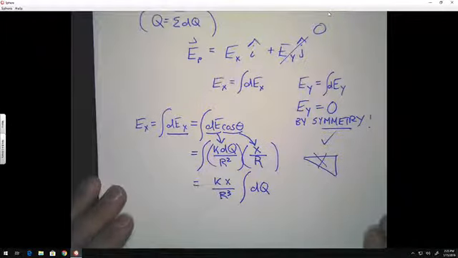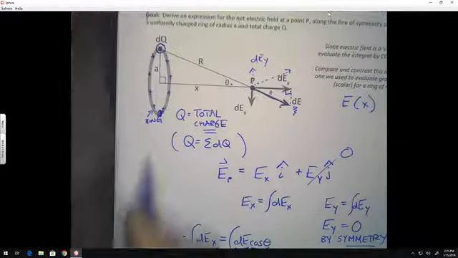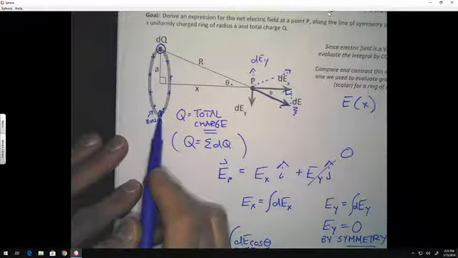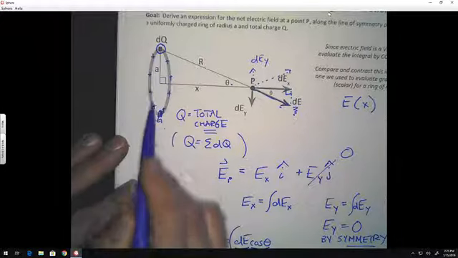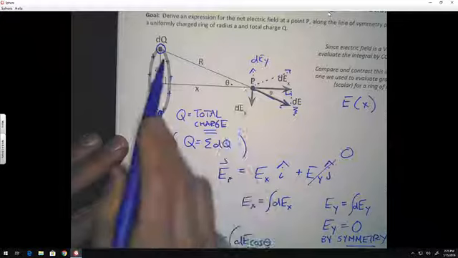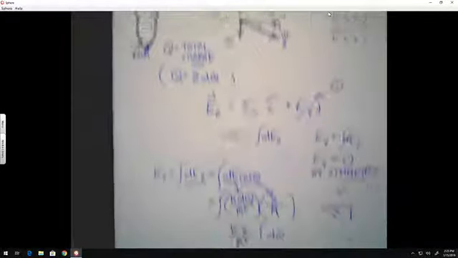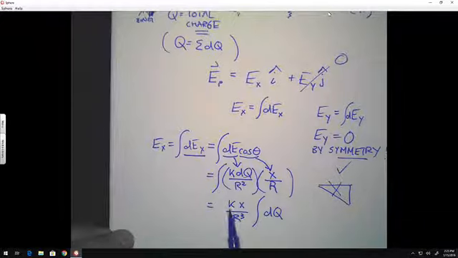So in other words, as I go around the ring and I add up all of the different dq's, I'm never changing the x position. I'm never changing the r distance. So there's no reason for me to include those things in the integral because they're constants. So that's why I can bring x and r cubed out.